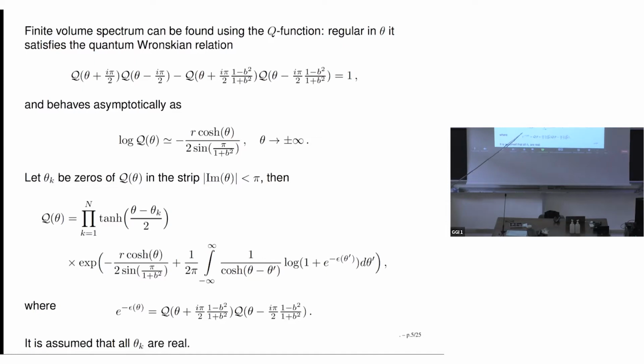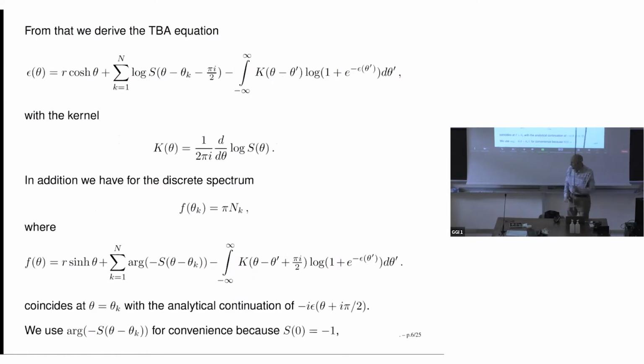And then we introduce this guy, which we denote by e to the minus epsilon of theta. And for this epsilon, we find the equation like that, which is the TBA.